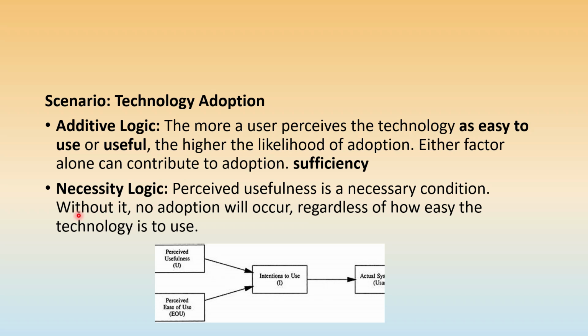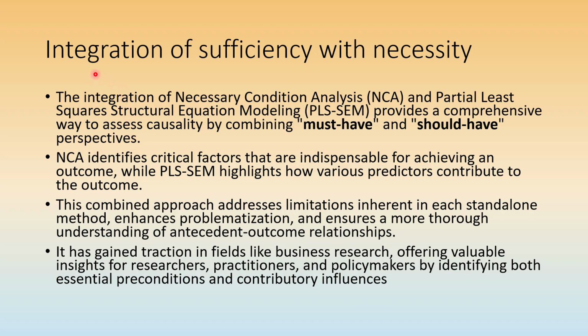So we would say that without it, no adoption will occur, however high the perceived ease of use is, regardless of how easy it is. If it is not perceived as useful, the intention to use will not exist.